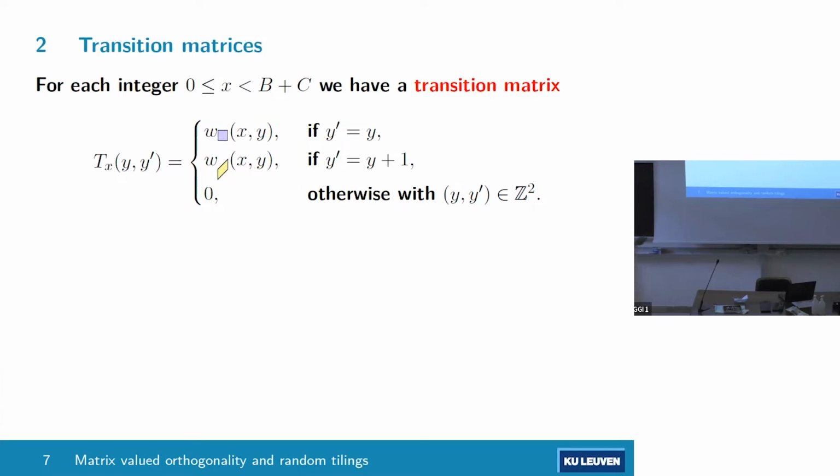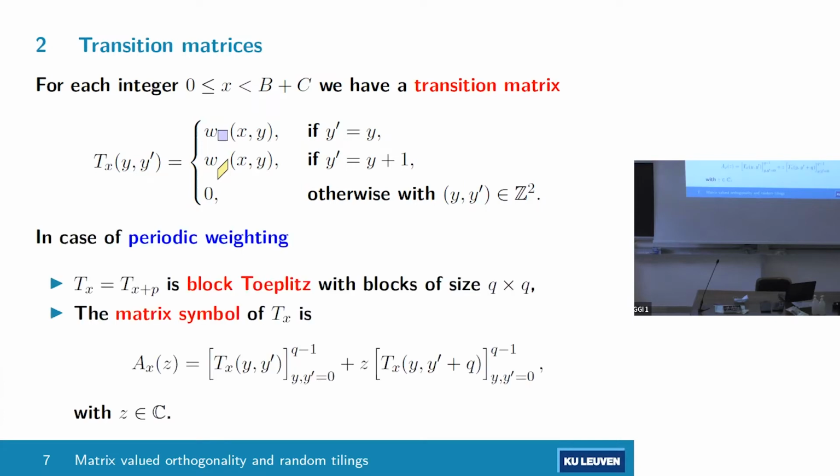And I want to consider this as a matrix over the integers in both, so it means infinite in both directions. Of course, only a finite part of it will actually play a role in the probabilities. And in case of periodic weighting, these transition matrices are block Toeplitz.